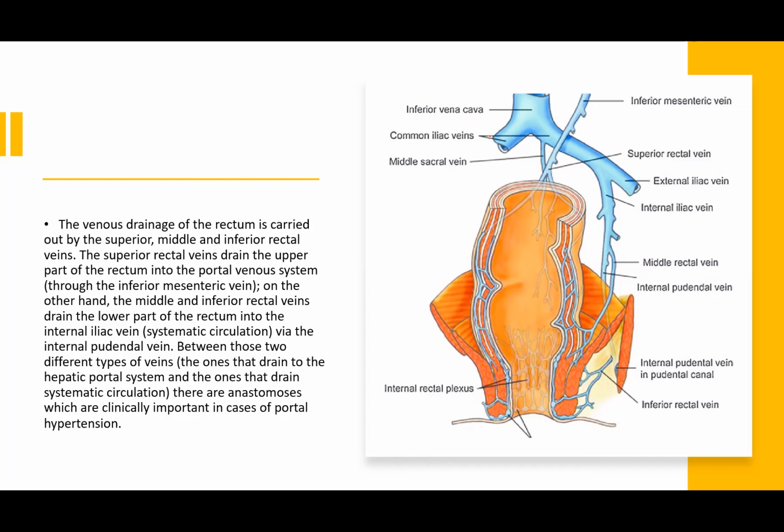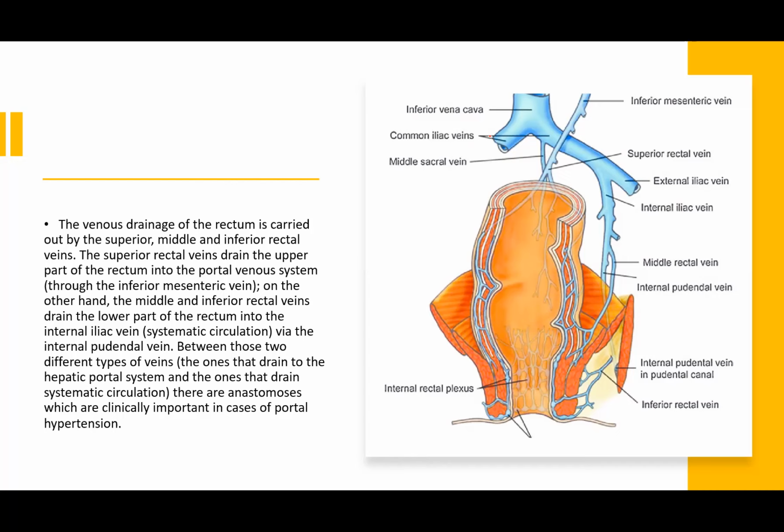So the venous drainage of the rectum is carried out by the superior, middle, and the inferior rectal veins. Don't forget, these veins follow the arteries. The superior rectal veins drain the upper part of the rectum into the portal venous system through the inferior mesenteric vein.